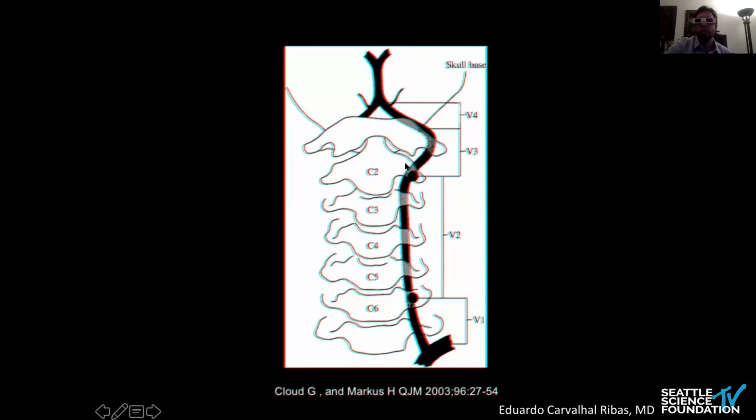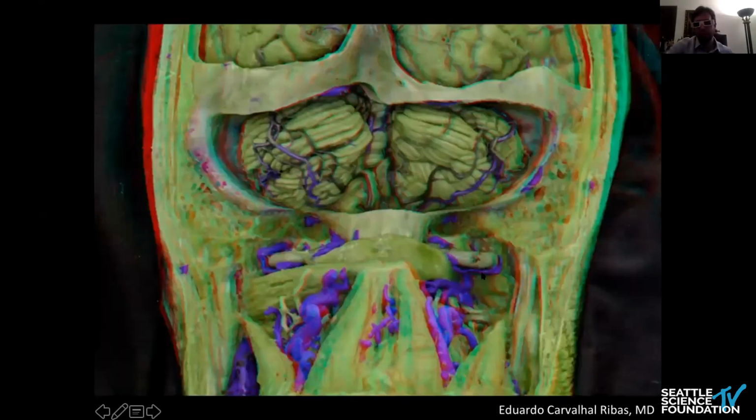Then it will have a loop laterally and will go through the foramen transversum of C1. That is called V3. And then from this loop, inside the dura mater and later on to meet the contralateral vertebral and originate the basilar artery, it will be V4. So let's focus our attention here.